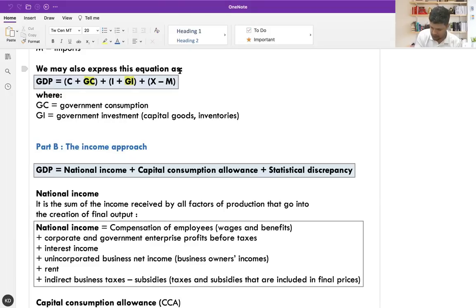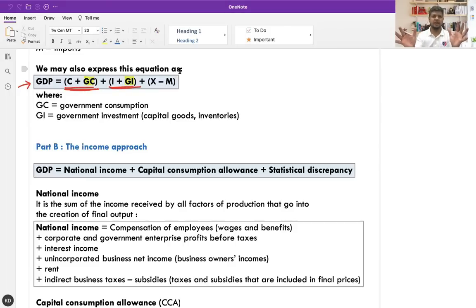So the second GDP equation is the same thing, but I've just expanded government purchases into government consumption and government investment. Clear? So now I have consumption from individuals, business and government, and investments from individuals, business and government.